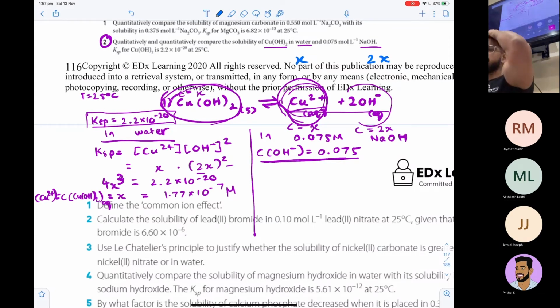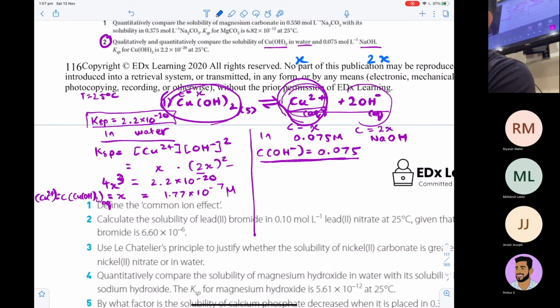But in a KSP question, I personally don't think I've ever had to use an ice table. Because the beauty of KSP questions is that you have a solid, which you never have to know its concentration because it's constant, that will form two aqueous species whose concentration was initially zero. The change is always going to be the final. That's why doing an ice table is a bit redundant. You can logically always do these without an ice table.